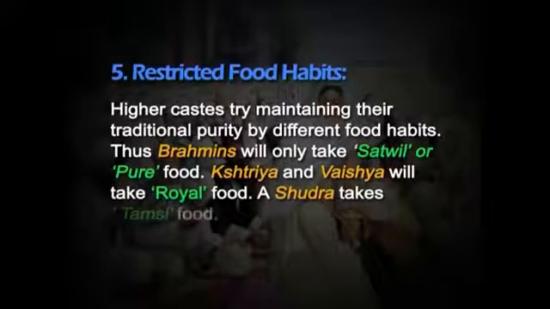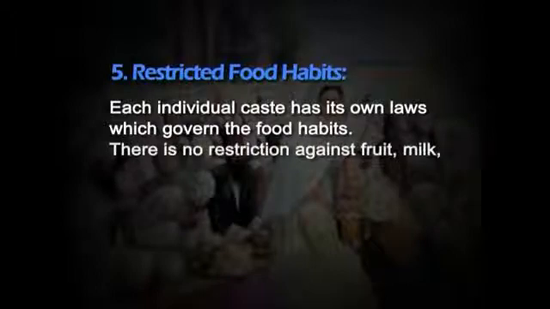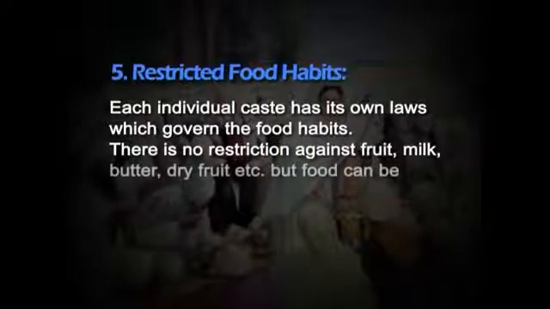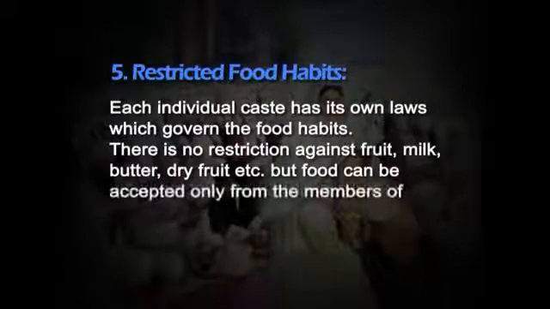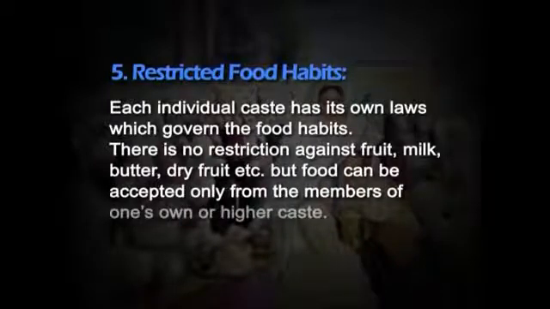A Shudra takes tamasic food. Each individual caste has its own laws which govern the food habits. There is no restriction against fruit, milk, butter, dry fruit, etc. But food can be accepted only from the members of one's own or higher caste.